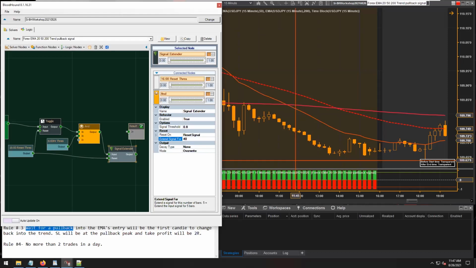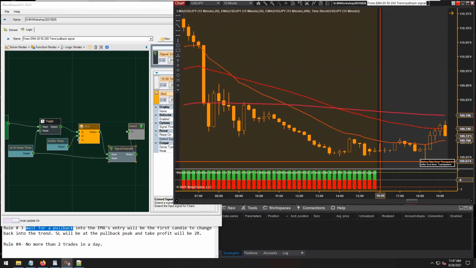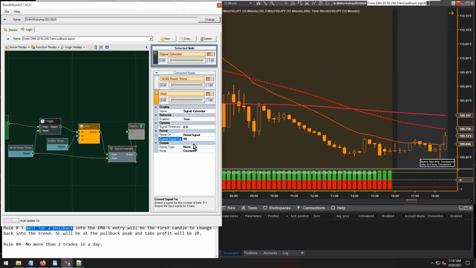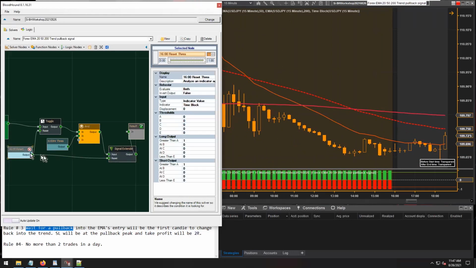Just knock that up to 40, and let's see here. And what's going on? Oh, that's right. So the reset. Yeah, so our reset is resetting right on the 1600 bar.